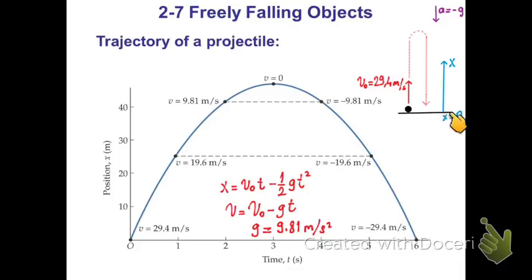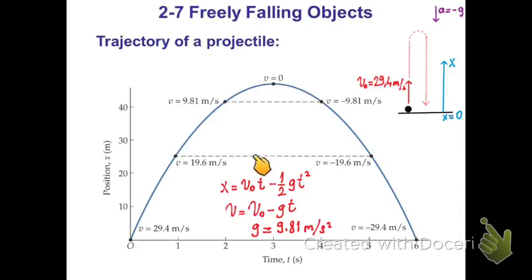When we choose the surface as x equal to 0 and the increasing direction of x as the upward direction, in that case our constant acceleration will be minus g, and this is important, and g is always a positive value. It's 9.81 meters per second squared. When we choose the upward direction as the positive x, then the acceleration will be minus g.